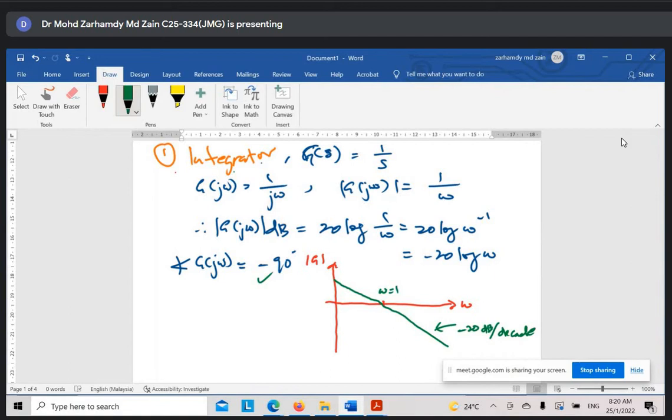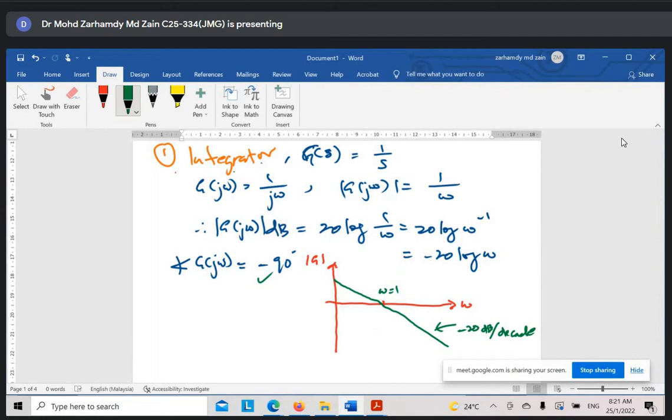Remember, if the integrator is 1 over s, this is the first concept. Our system will combine with subsystems. So one system can be divided into several subsystems, like what we did in Nyquist.